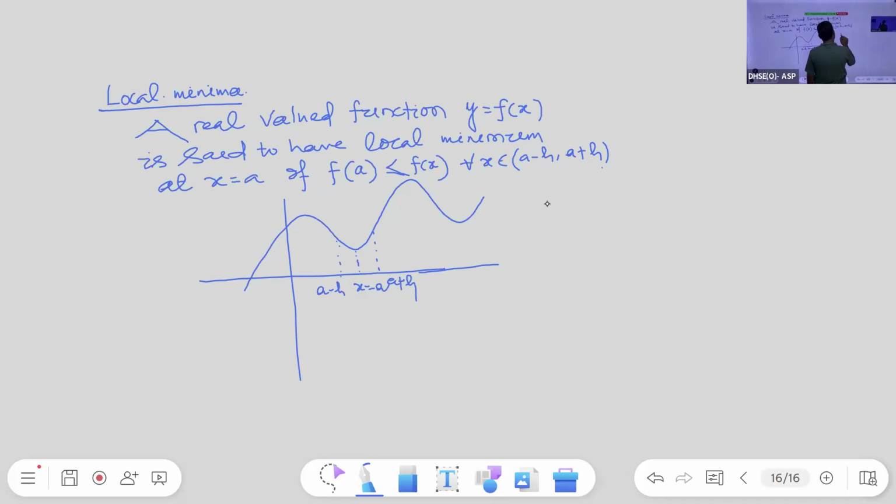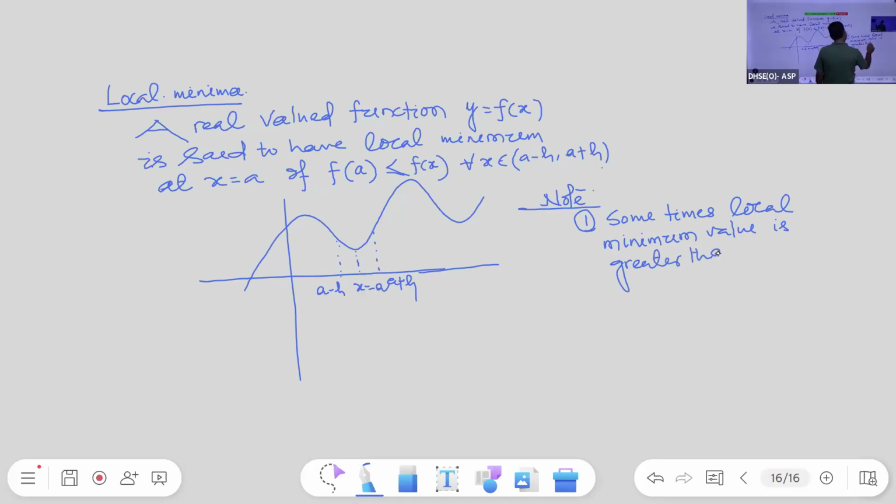Okay, write down a note point. Sometimes local minimum value is greater than local maximum value.